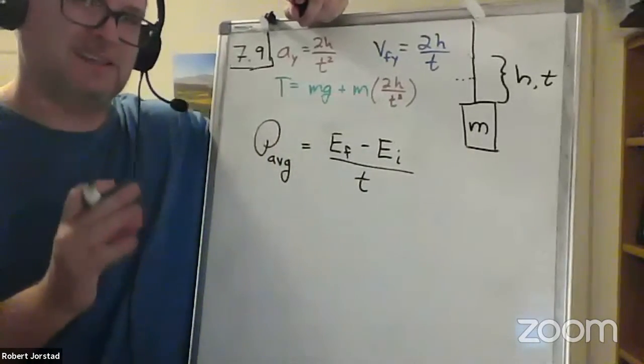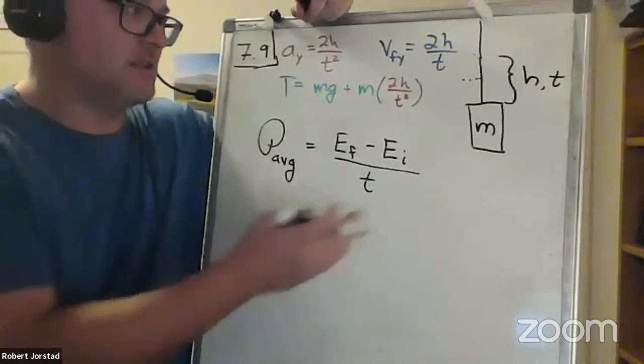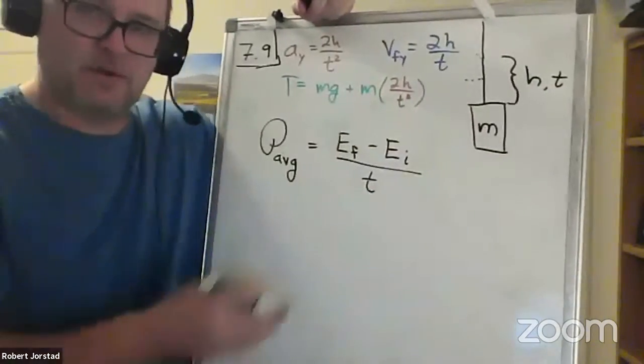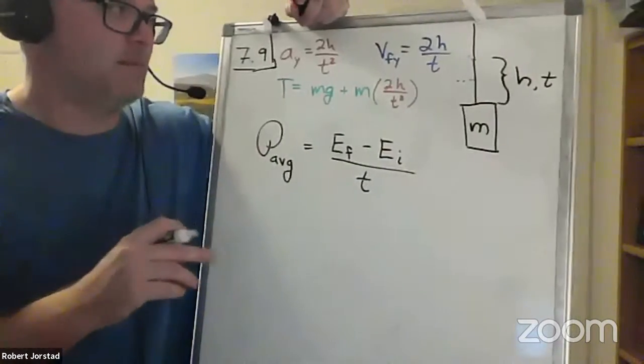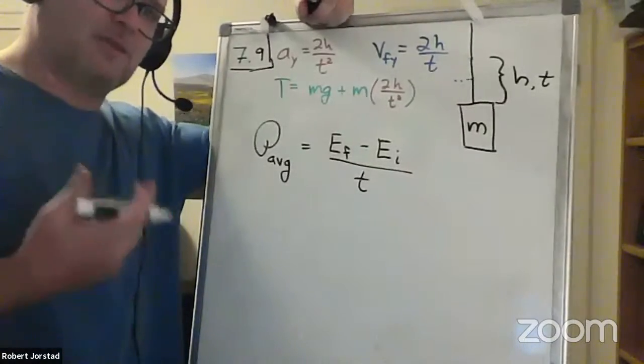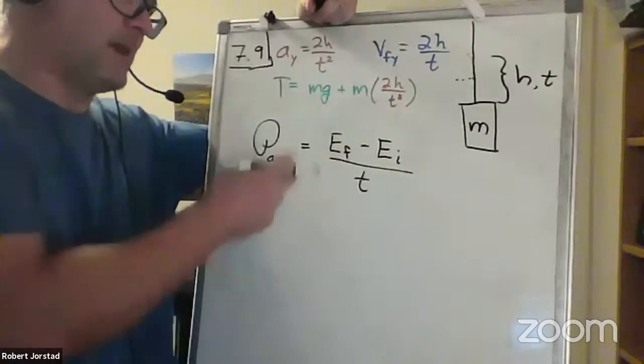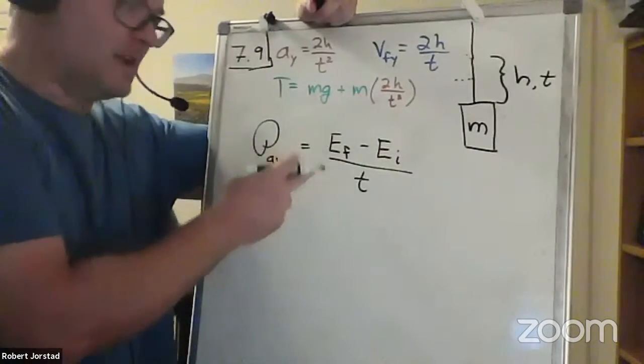And where this problem gets a little bit confusing, I want you to think about it like this. As the cable is lifting this object up, the motor is exerting that tension force. So really, the work done by the motor would be a better thing to use up here in the numerator.